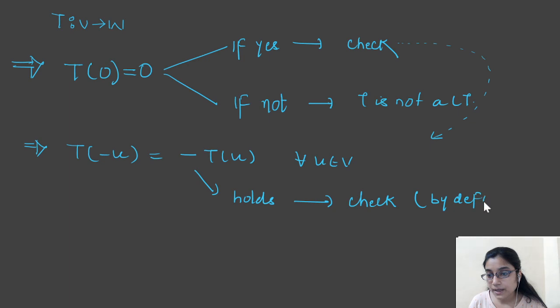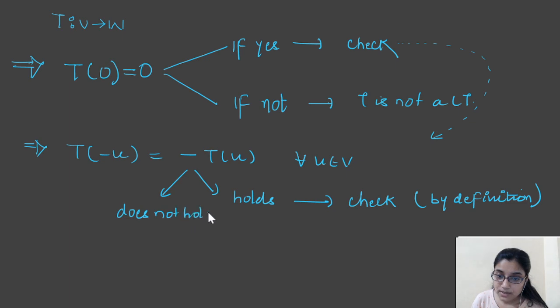You will proceed by definition. Definition means for all u, v in the vector space V and for all alpha, beta in field F, T of alpha u plus beta v must be equal to alpha times T of u plus beta times T of v. And if this does not hold, you can directly say that T is not a linear transformation.